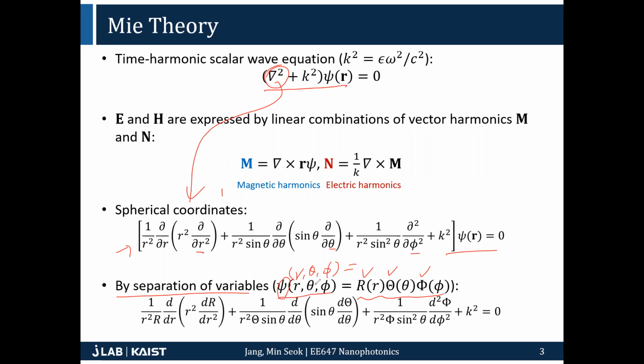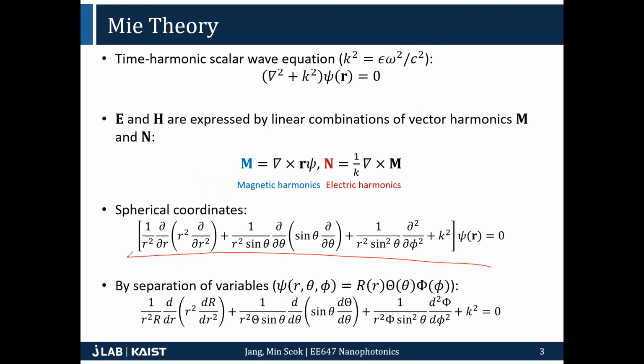Okay. So basically what we did here is we separate the psi function as a product of R function, theta function, and phi function, which are only dependent on R, theta, phi. Okay. So if we do so, then this equation becomes like that.